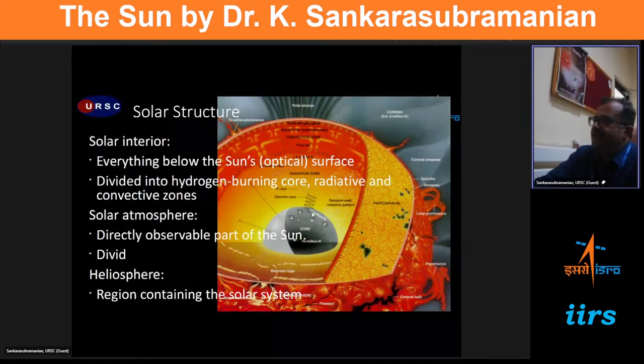The energy generated in the core is transferred in the form of gamma ray photons, which get transferred to the surface through radiation in the inner part of the sun's interior, and then in the outer part, maybe about 30%, we have convective layers, which transfer the energy from the inner part to the outer part.